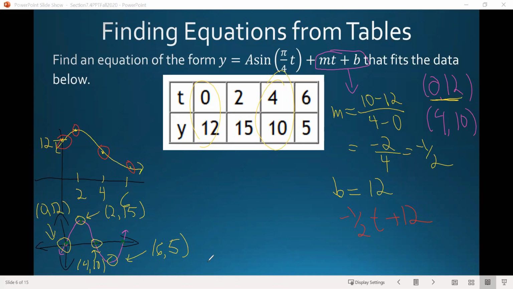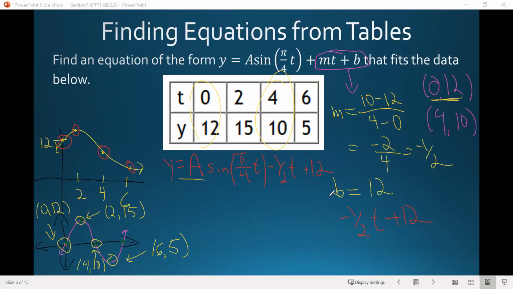And so we can put that into the function. So the function will now look like y equals a times sine of pi over 4t minus 1/2 t plus 12. And now we need to finish this by finding the value for a. Now recall that the value for a is the amplitude, so it tells us how far above or below the midline the function goes.